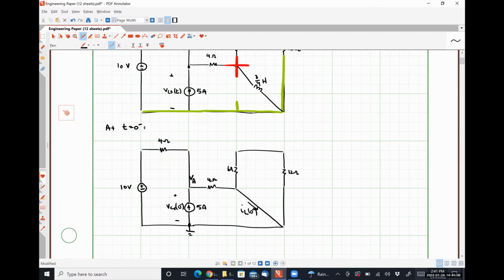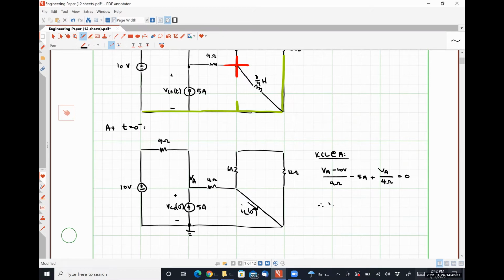So if I write a KCL equation at node A, what I get is (VA minus 10 volts) over 4 ohms, minus 5 amps, plus VA over 4 ohms, is equal to 0.